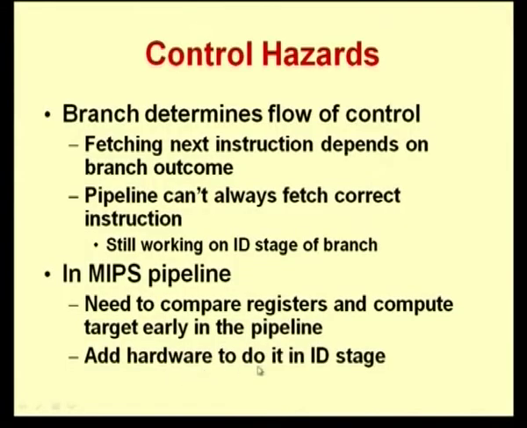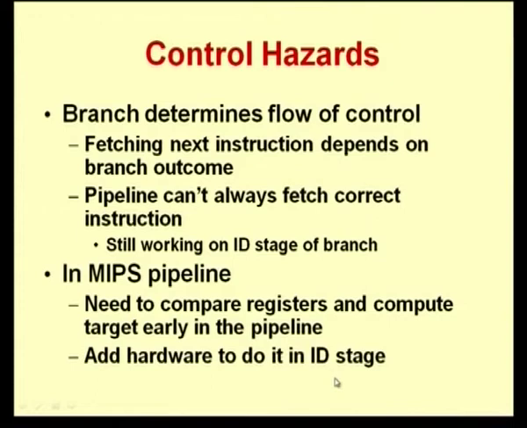So, until my EXE stage completes the execution of the jump or the branch instruction, I cannot fetch a new instruction. So, there will be a 2 clock cycle delay before I can decide on fetching it. So, one way of reducing the number of stall cycles in this case is by adding hardware to do this calculation in the ID stage itself.